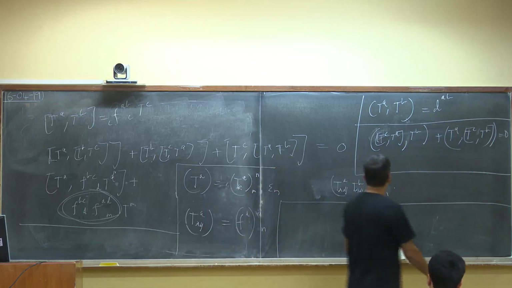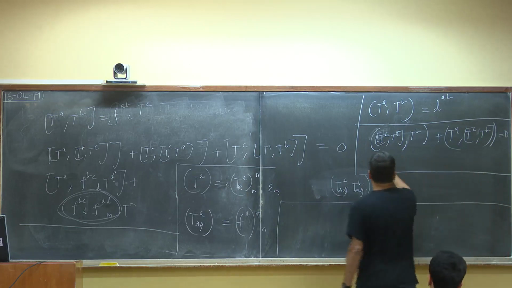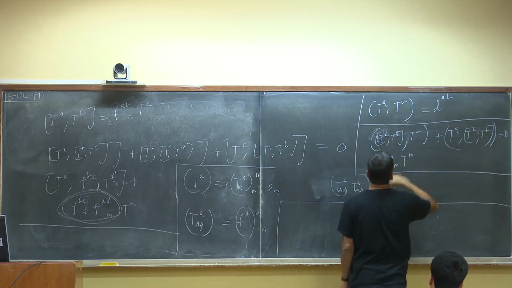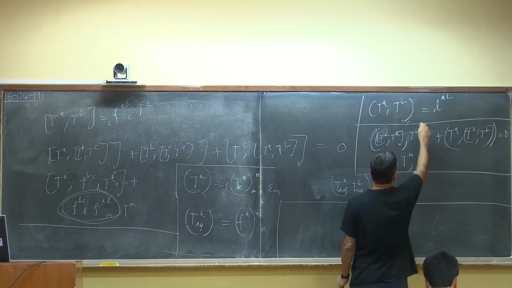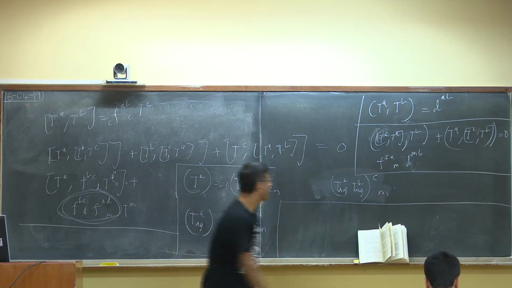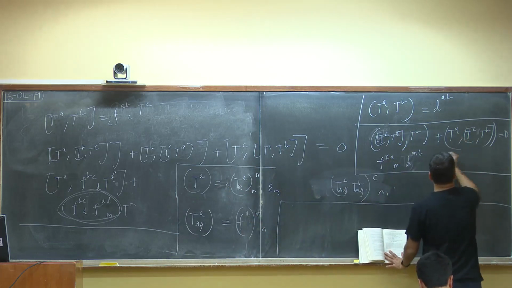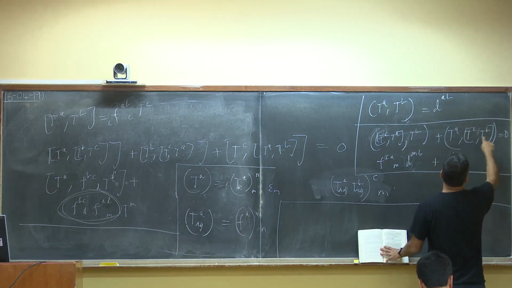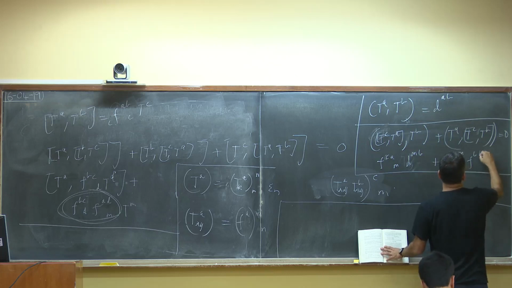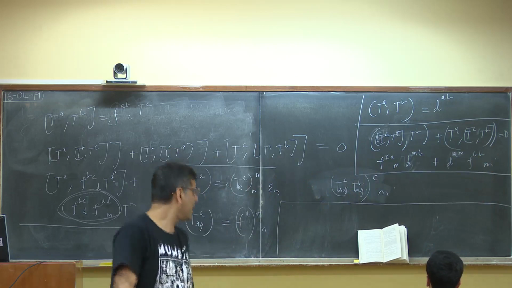But we know what this quantity is from those relations. That's f_CA^M (T_M, T_B), which was D_MB, plus here we had D_AM f_CB^M. And that whole thing has to be 0.